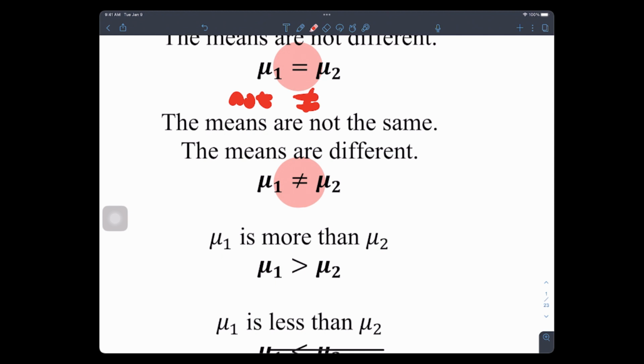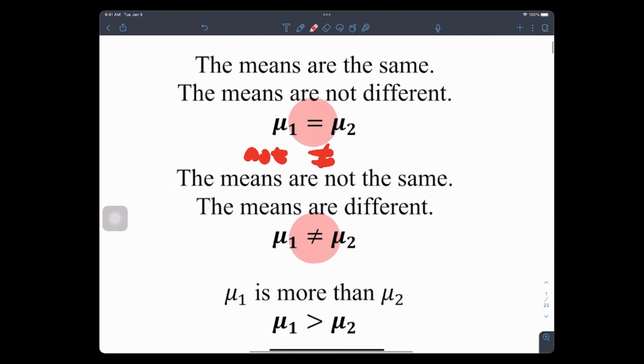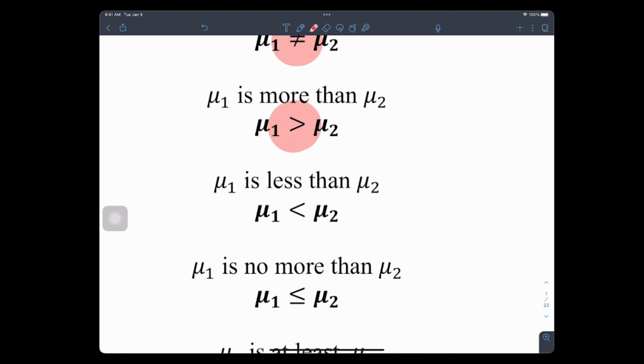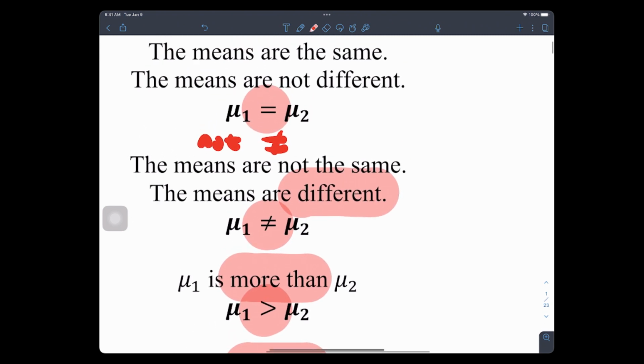So that's the kind of language you guys can see sometimes. We just want to make sure you guys are clear with that. And then mu1 is more than mu2. Isn't that greater than, more than? Mu1 is less than. We're looking at those phrases here. Different, not equal, the same, equal.